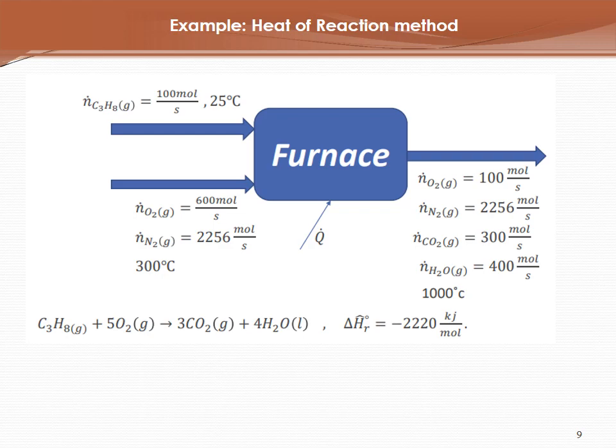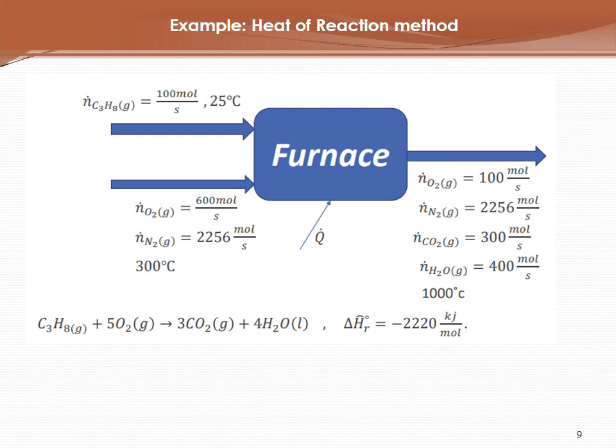This reaction, which explains the propane combustion, has 1 mole of propane and 5 moles of oxygen giving you 3 moles of carbon dioxide and 4 moles of H2O. The standard heat of reaction for this problem is given here. It's minus 2220 kilojoules per mole.